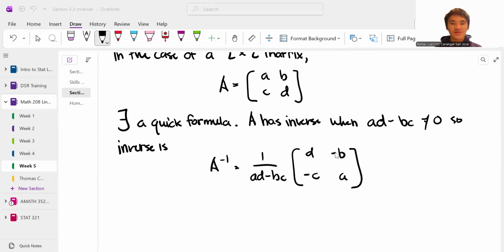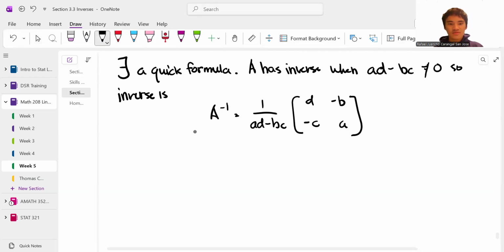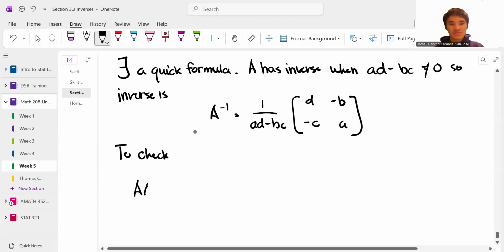Okay, that's the formula. Instead of using the augmented matrix and row operations to verify the formula, we can check it. The way to check it is we just multiply A by its inverse, and remember, we can multiply in any order.